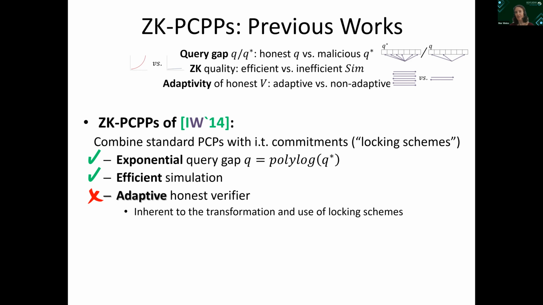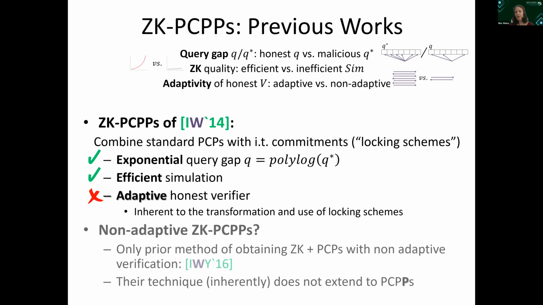And again, this is inherent to the transformation. So the only way we know of getting a non-adaptive honest verifier is using the techniques of Ishai et al. from 2016. But unfortunately, because they use leakage-resilient circuits that protect computation, we can show that their technique inherently does not extend to PCPs of proximity.